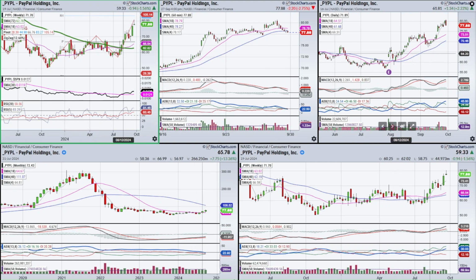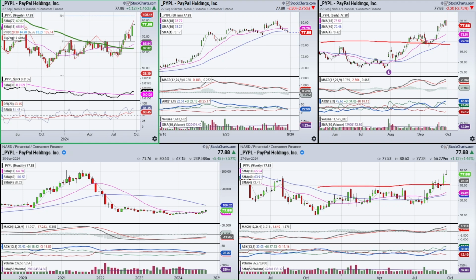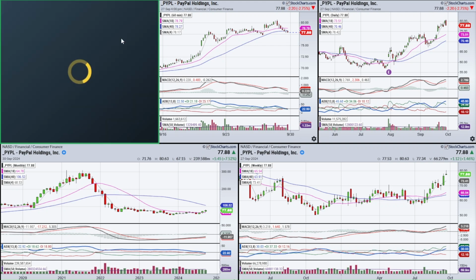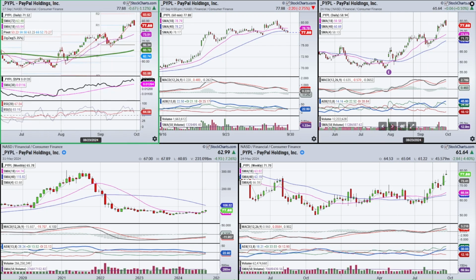So if I get a breakout pattern, I'm going to go looking to see if I get an RSI signal on the daily chart. I'm going to go see if that happens. If I get that RSI signal on the daily chart, I am going to take it.